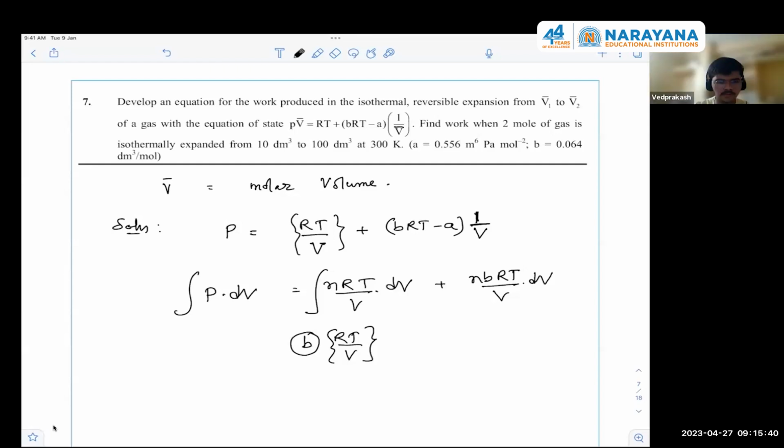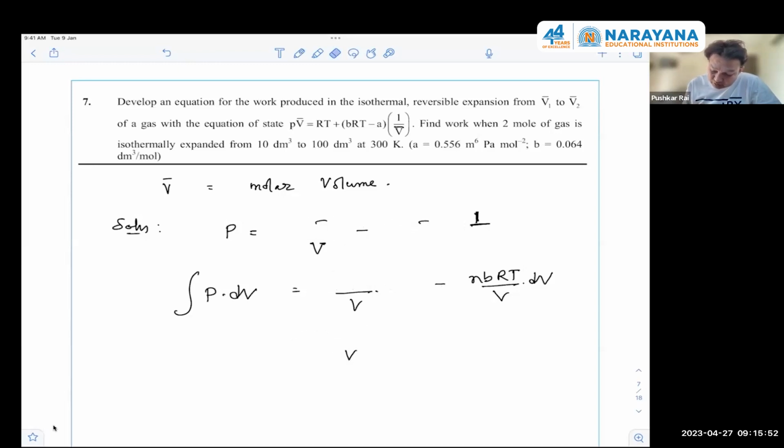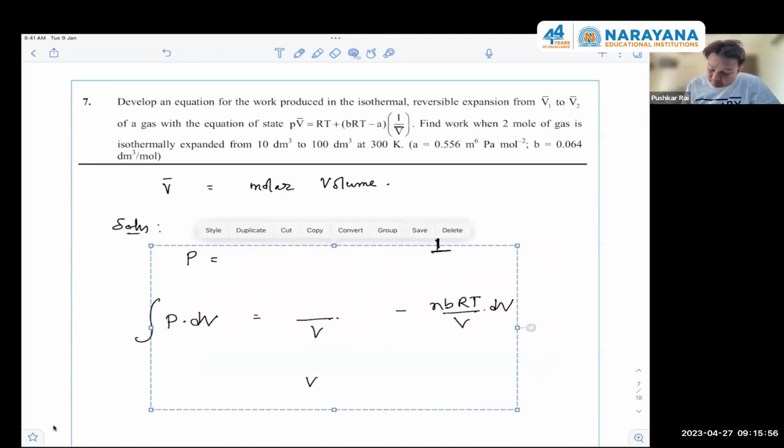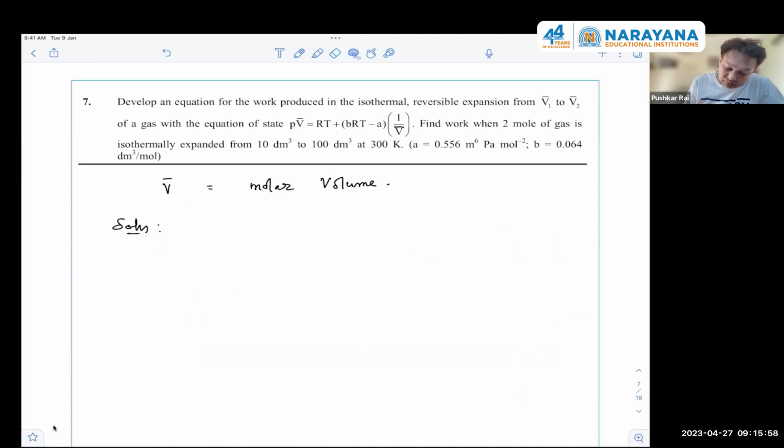We also had one more V in the question. Oh, yes. I got your point. Sorry, I just totally forgot. Thank you for helping me out. P is equal to RT by V plus bRT minus a by V square.